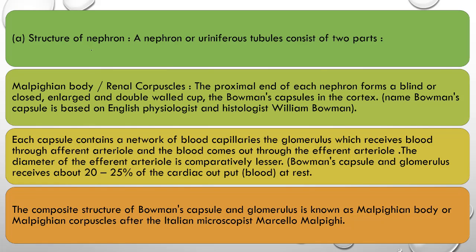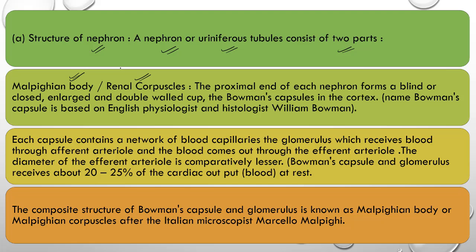Structure of nephron. Nephrons are also known as urinary tubules. It consists of Malpighian corpuscle and renal tubule. So a nephron consists of two parts. One is the Malpighian body or Malpighian corpuscle or renal corpuscle.